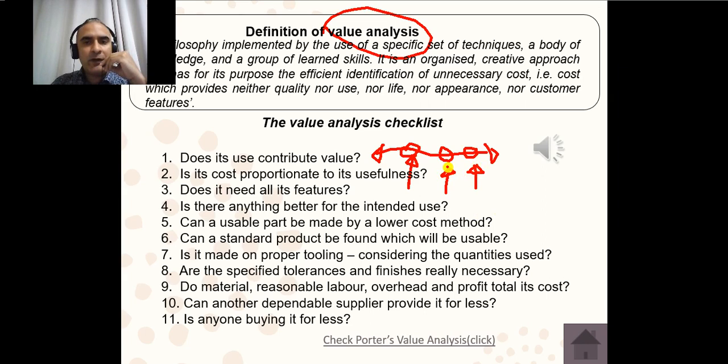So when we look at those different nodes or activities or steps, we have to make sure that we are creating value, that we are making the process more efficient.